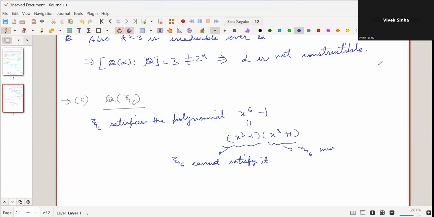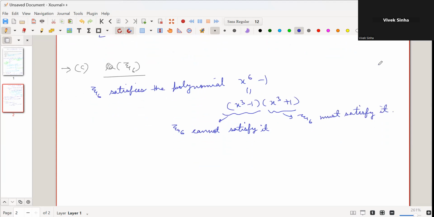ξ6 must satisfy this. Is this also irreducible? Why? By Eisenstein criterion. How will you apply Eisenstein criterion to this? Which prime will you take? I think 2. No. So a₀ is 1, right? Eisenstein's criterion says that p should divide a₀, a₁, and so on up to aₙ₋₁.